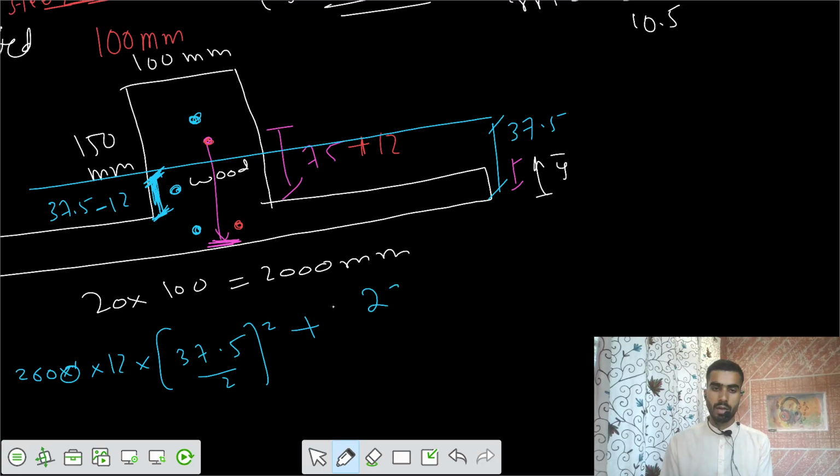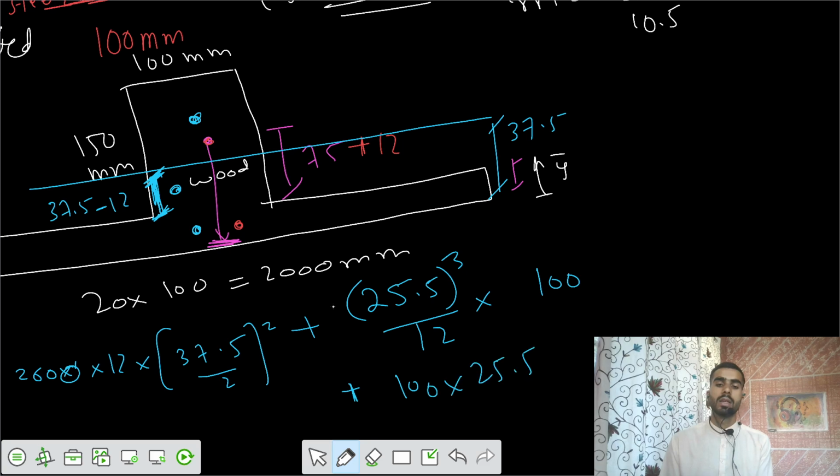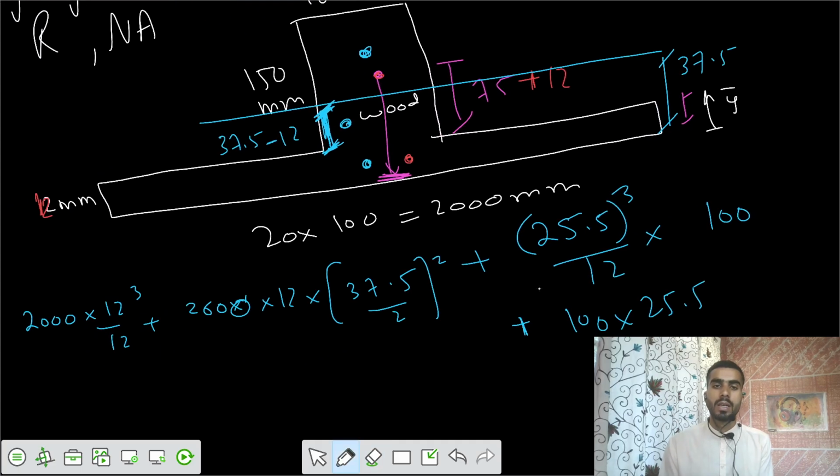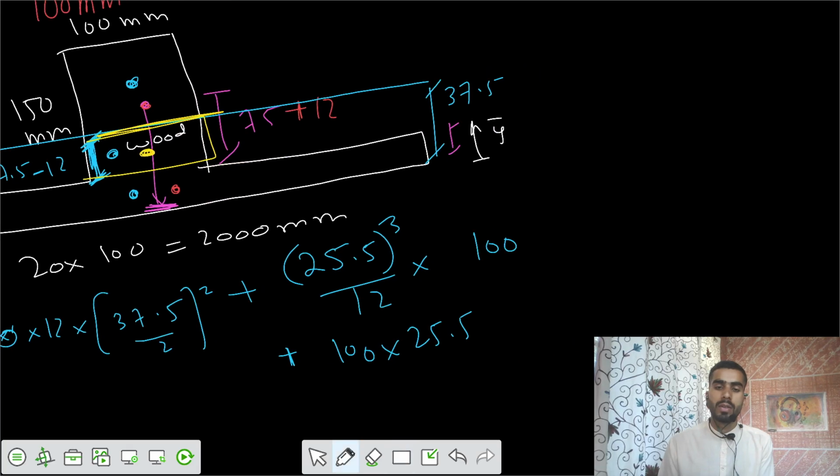So I would write 25.5 whole cube by 12 into your width of 100. So BD cube by 12, and then after that AD square. What's the value of D for this area, up to the neutral axis? So I would write 25.5 by 2 whole square.